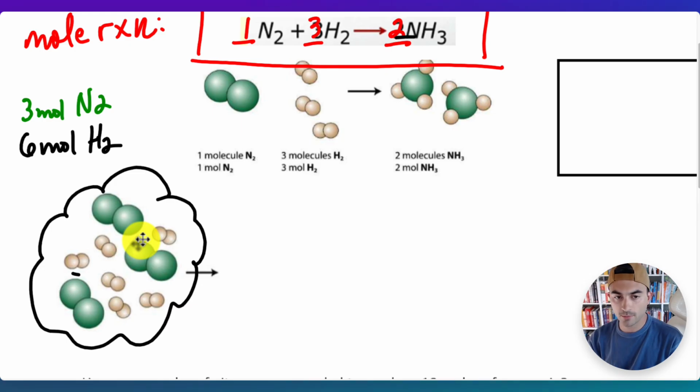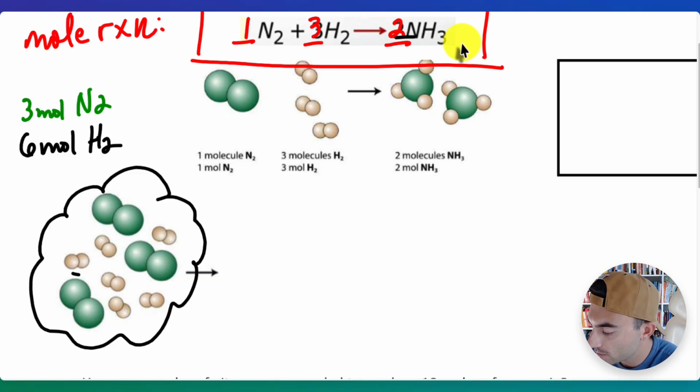And I want to think about how much could I make with this amount of reactant according to this recipe, according to this reaction? And we looked at the idea of a scale factor. A scale factor is something that we use to see how many times we can run the reaction full through with the amounts that we have.